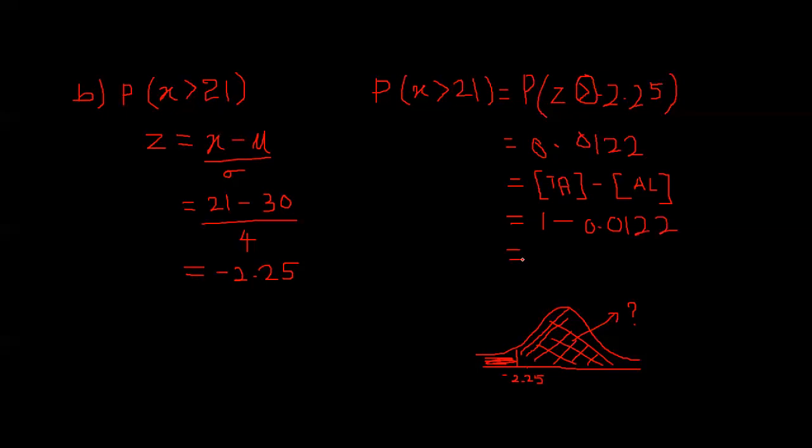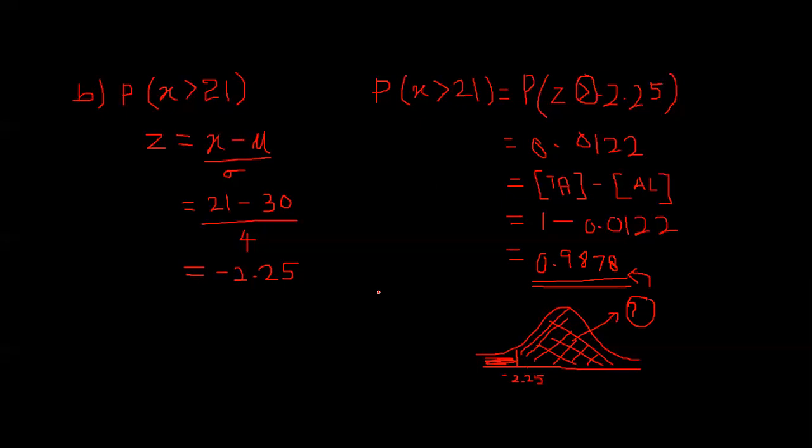Then you will get 0.9878. So what is the Z value that is greater than negative 2.25? So it is 0.9878. Okay.